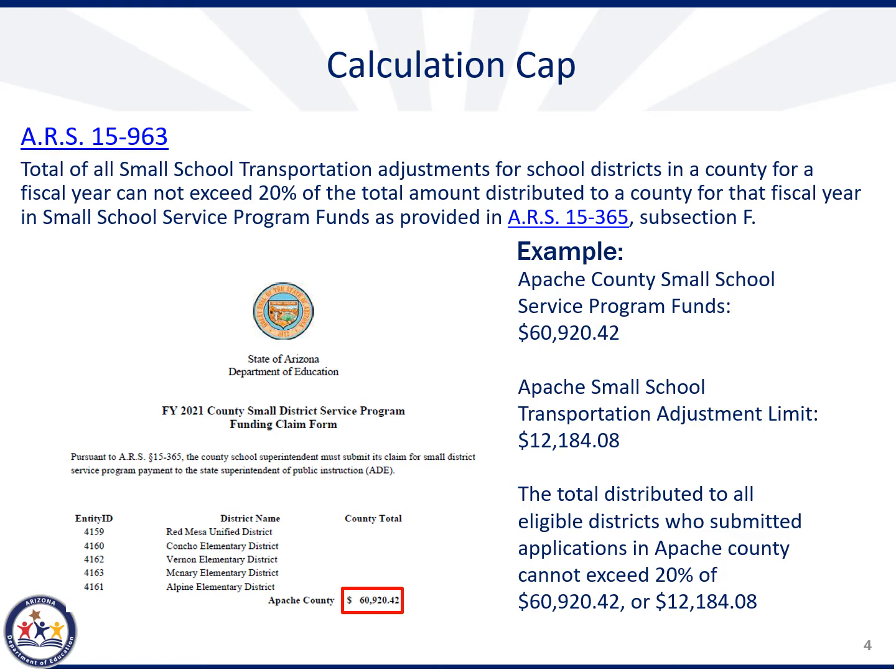This means that the Apache Small School Transportation Adjustment Limit is $12,184.08.